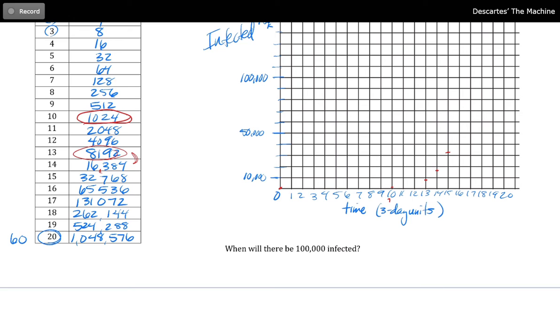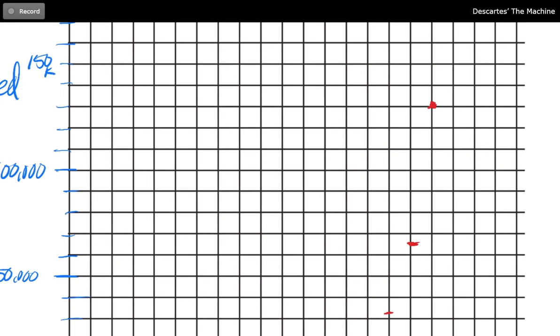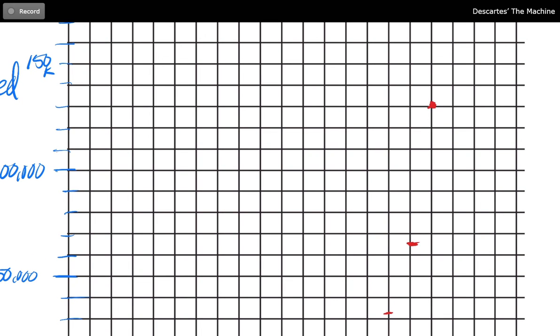And then day 16 is 65,000, so over 50,000, 65 right there. And then day 17 is 131,000. So 17, there's 100,000, 10, 20, 30, almost right there on that line. This is 130. Okay. That line right there.